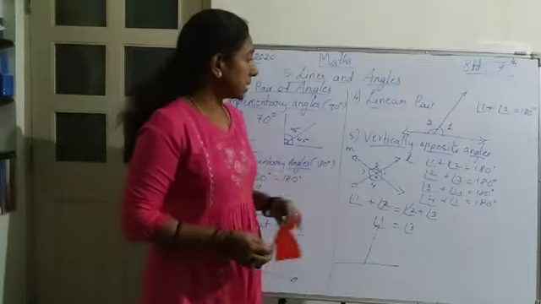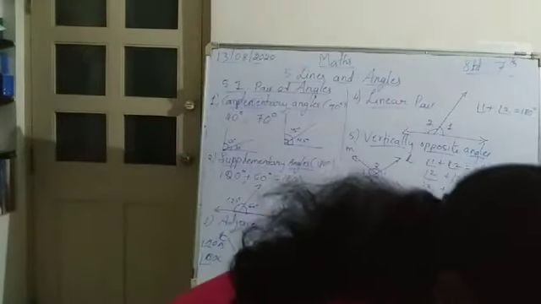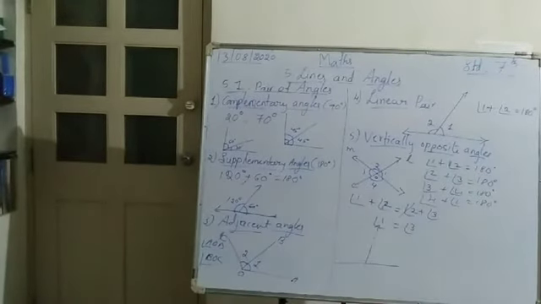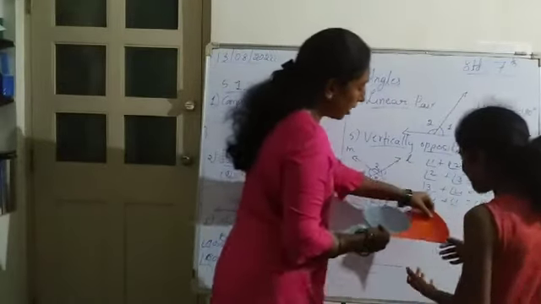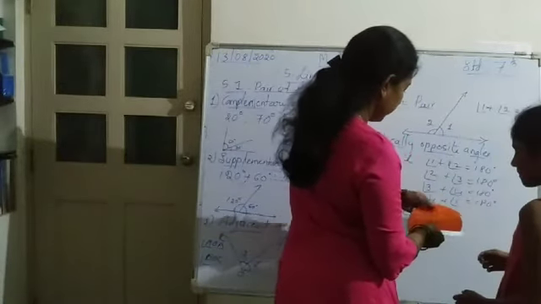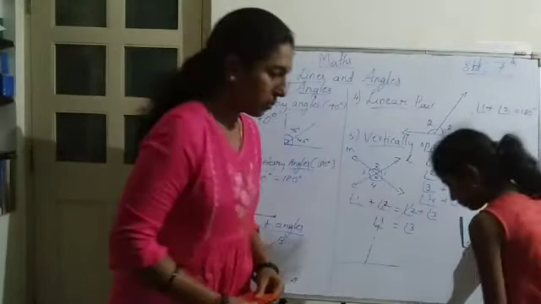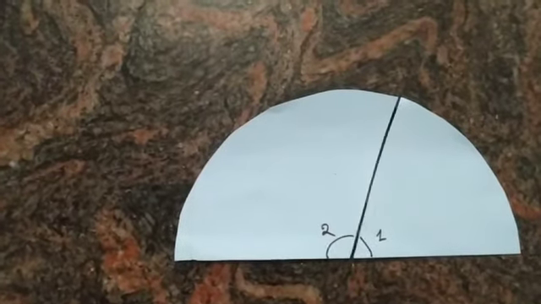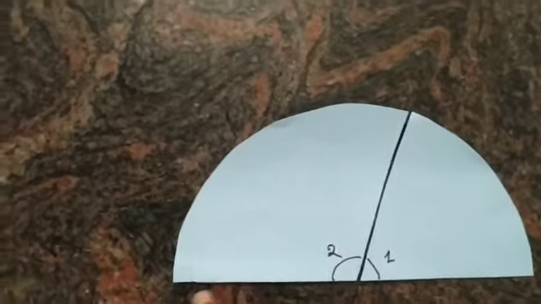Now how can we say that vertically opposite angles are equal? See children, here there are the 4 papers. If you see here, this is one straight line.